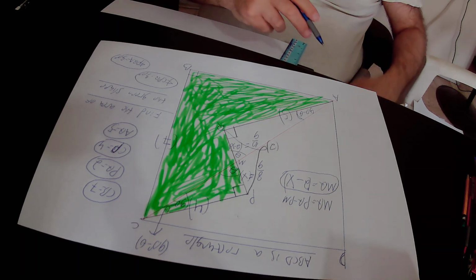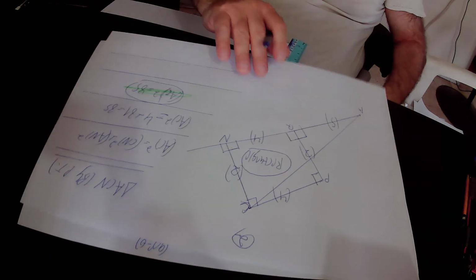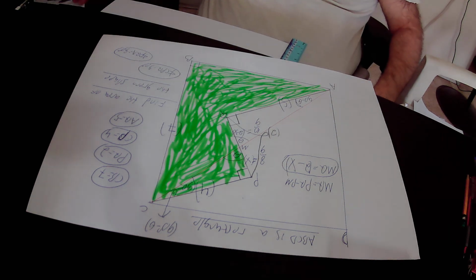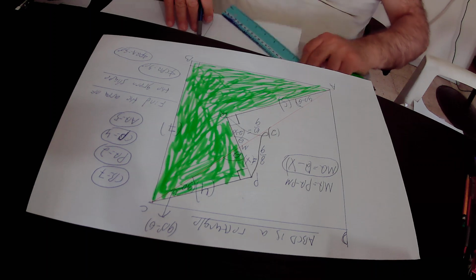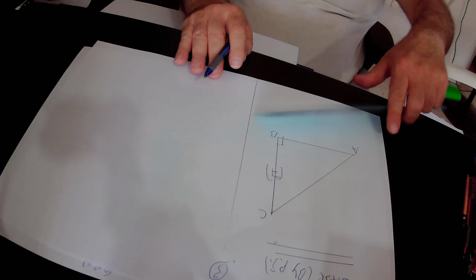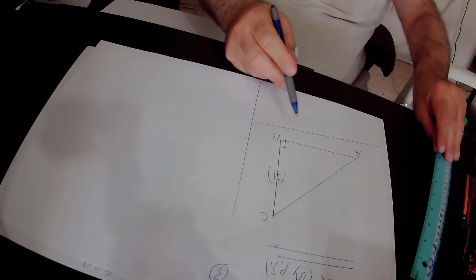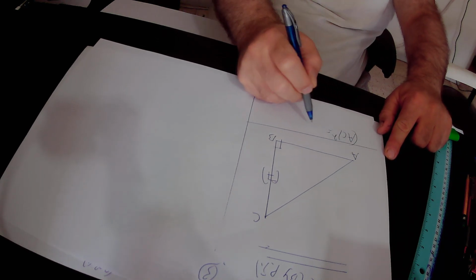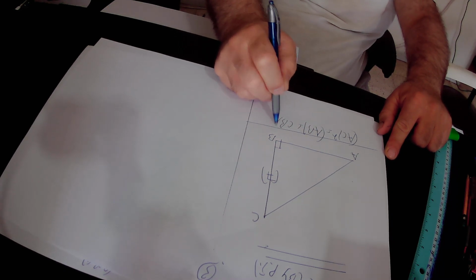And we just found out that AC squared equals 85. So in this right triangle ABC, according to the Pythagoras theorem, AC squared equals AB squared plus CB squared.